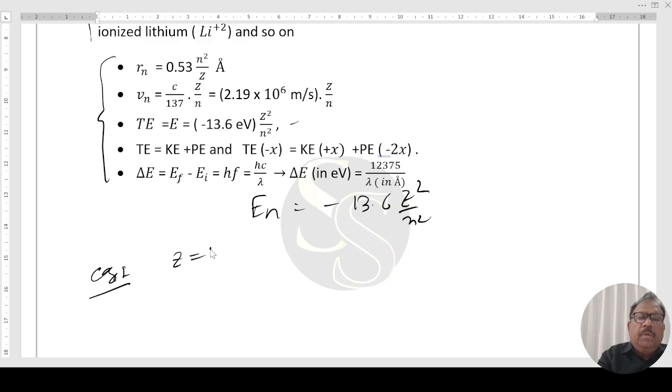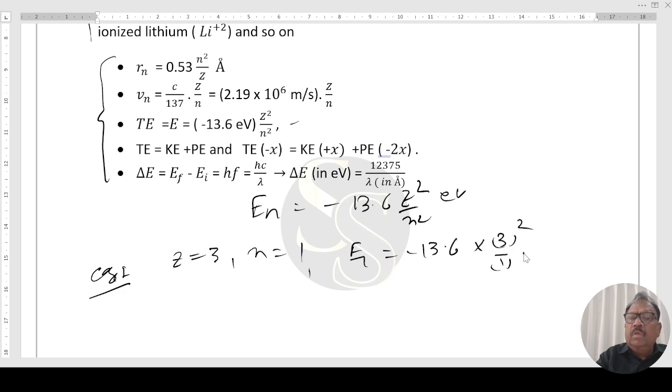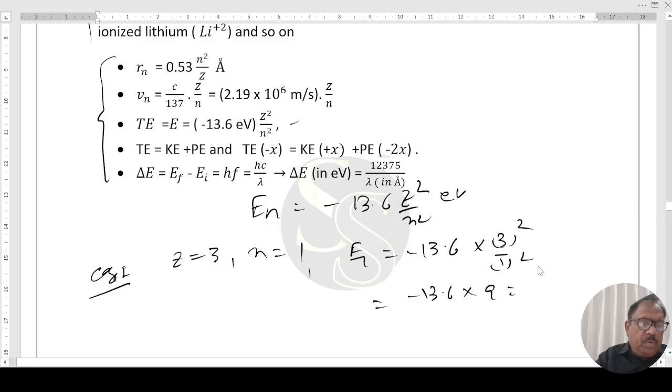Z equal to 3, n equal to 1. E1 will be equal to, this is in eV, minus 13.6 into 3 square upon 1 square. That is minus 13.6 into 9. This on simplification comes out to be 122.4 eV.